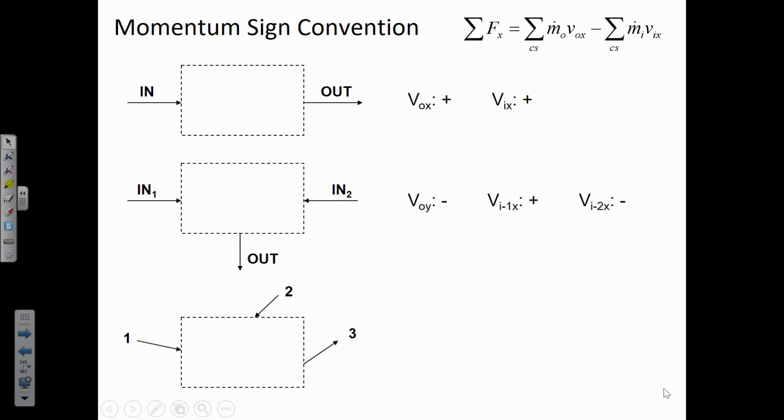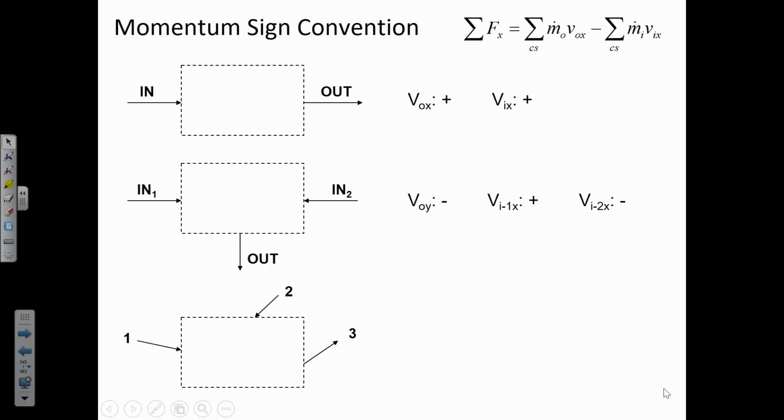All right, so let's consider stream 1. Okay, so stream 1, it's a velocity in, and so the velocity in at 1 is that in the x direction. Let's see, what's the convention I've been using?